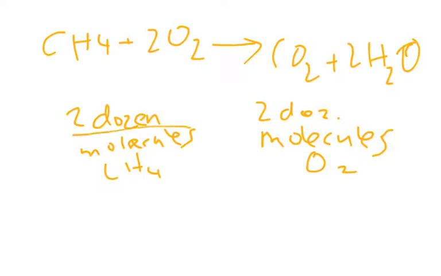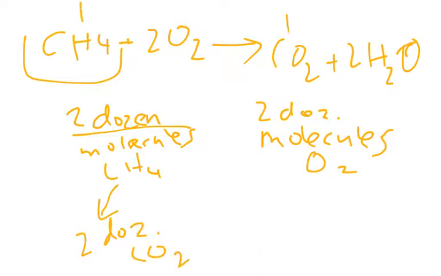Let's not turn 2 dozen into 24, even though that may seem appealing. But just like a dozen is like a molecule, we can think of a dozen as just a unit that can be kept consistent, and I'll show you how that is done. So 2 dozen molecules of CH4 can produce 2 dozen molecules of CO2 because it's a 1-to-1 ratio.